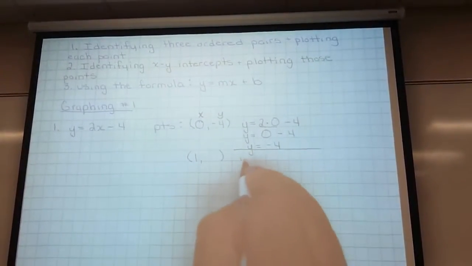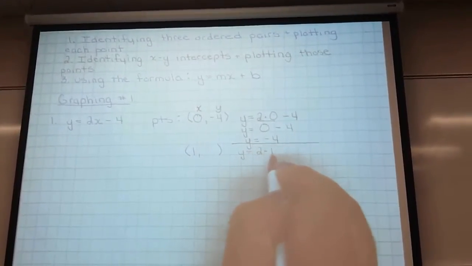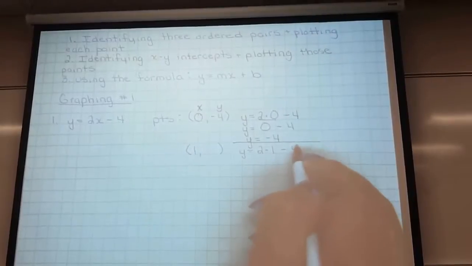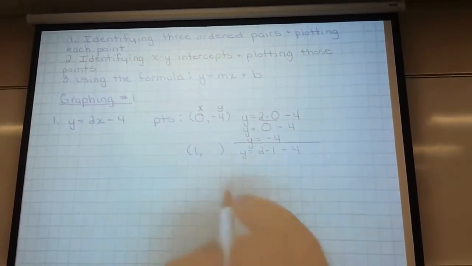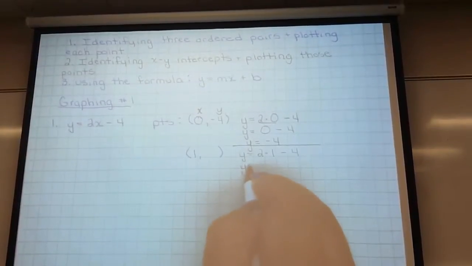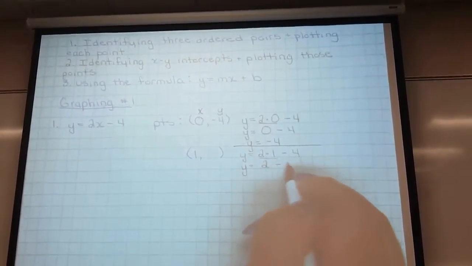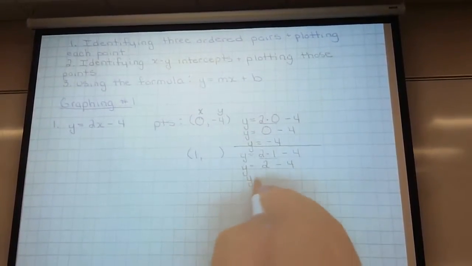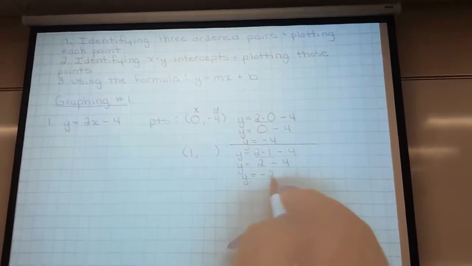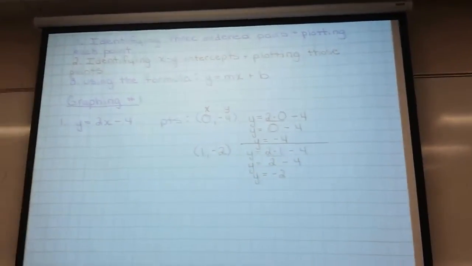So y equals 2 times 1, it's 2, minus 4, changing the x to a 1. So y equals 2 times 1 would give you 2, minus 4. So y equals -2. And that's that missing value. Now you've got a second point.